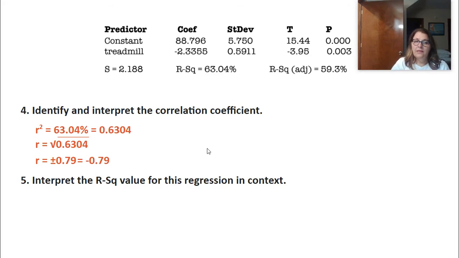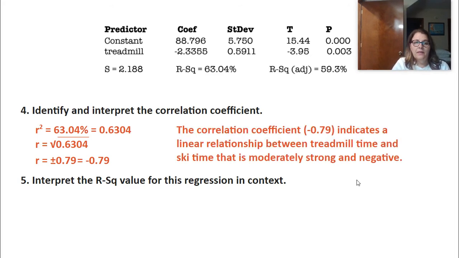Now, interpreting the correlation coefficient, I'm sorry, going ahead of myself here. The correlation coefficient, negative 0.79, indicates a linear relationship between treadmill time and ski time that is moderately strong and negative. It's important that you say linear relationship between treadmill time and ski time.